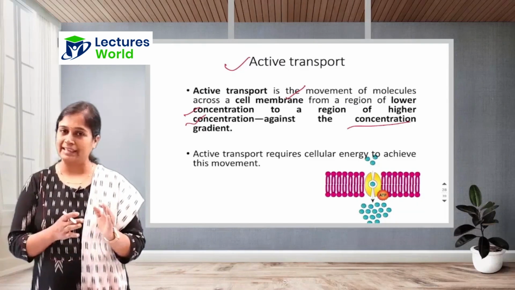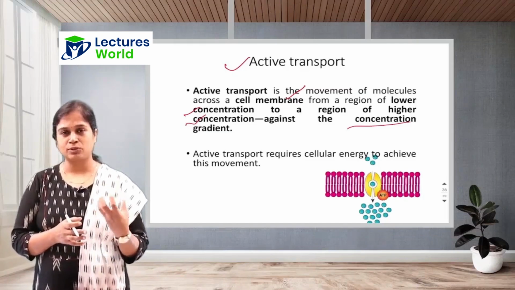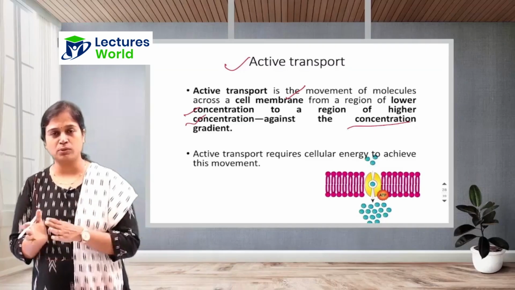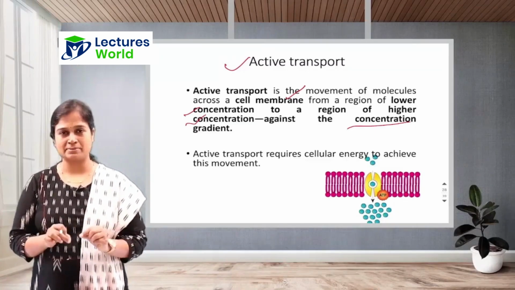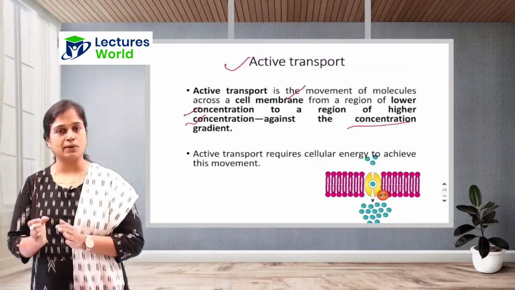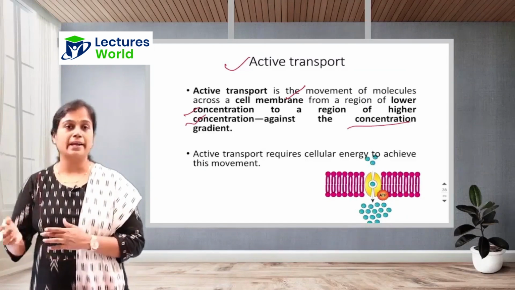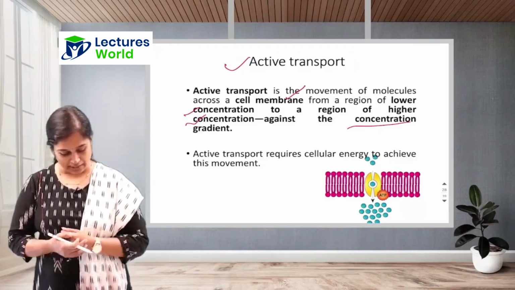So the kinetic energy is produced by the movement of the cell through which the molecules can move across. But in active transport, movement takes place from lower concentration to higher concentration, that means against the concentration gradient. That's why it requires energy.